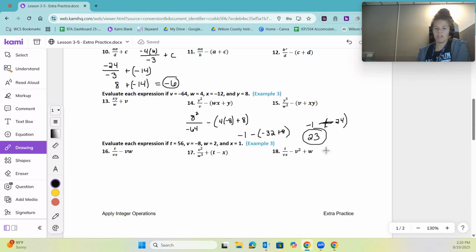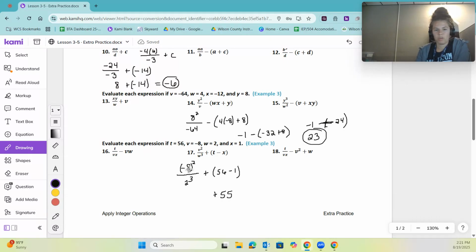We get even a little more complicated down here at the bottom. I'll do number 17 here. V squared, so -8 squared, and w to the third power is 2 to the third power, and plus t, which is 56, minus 1, which is x. Okay, so again, we can do our parentheses first here, and we do 56 minus 1 is 55.